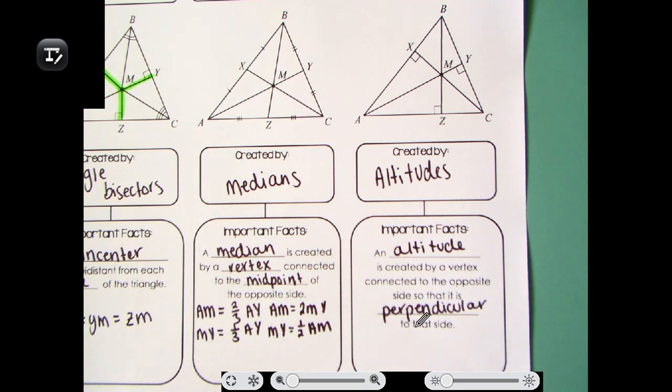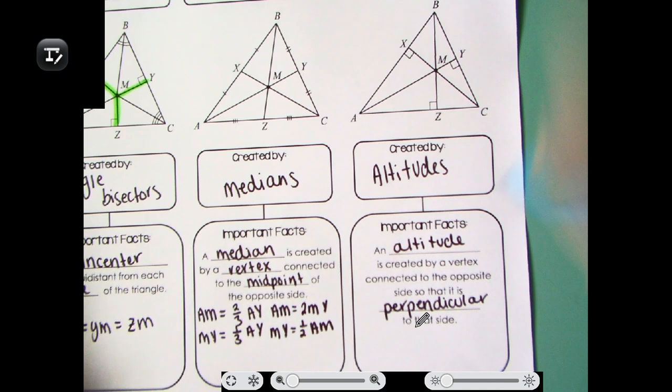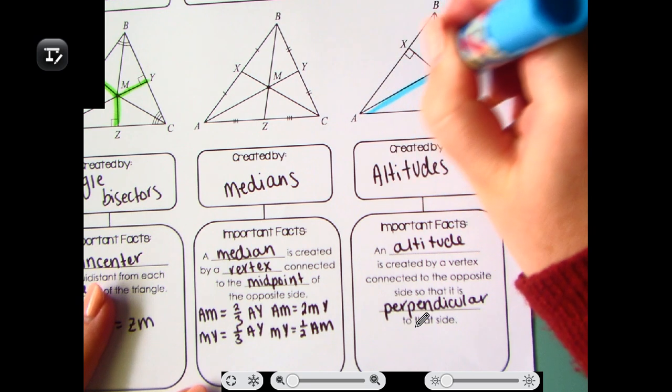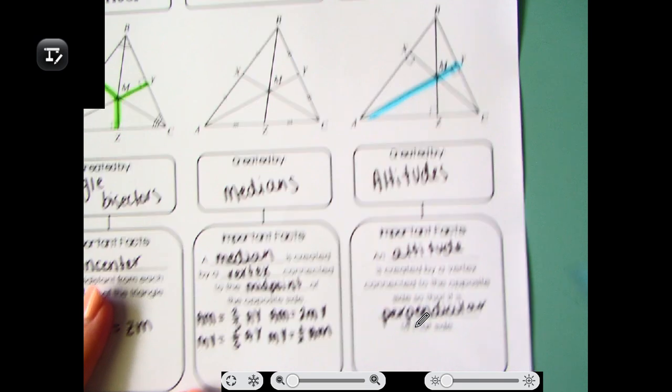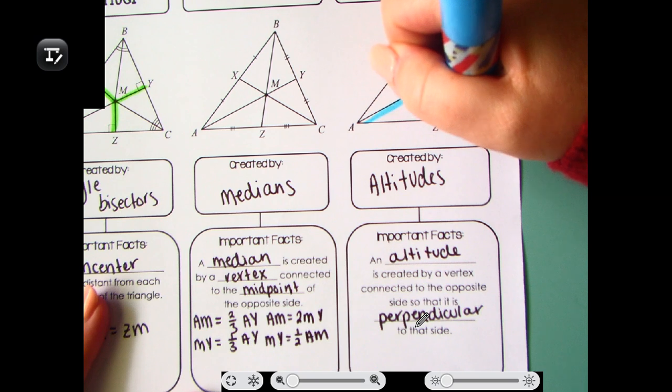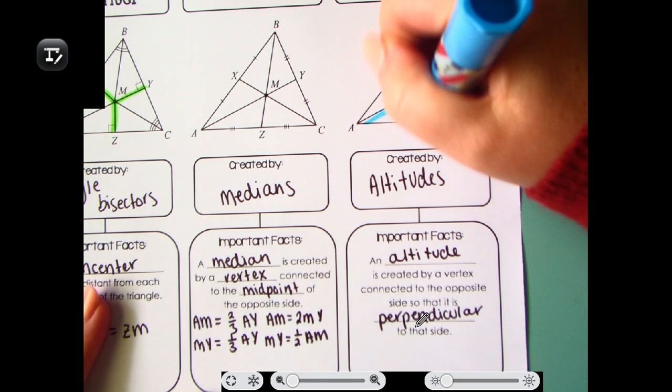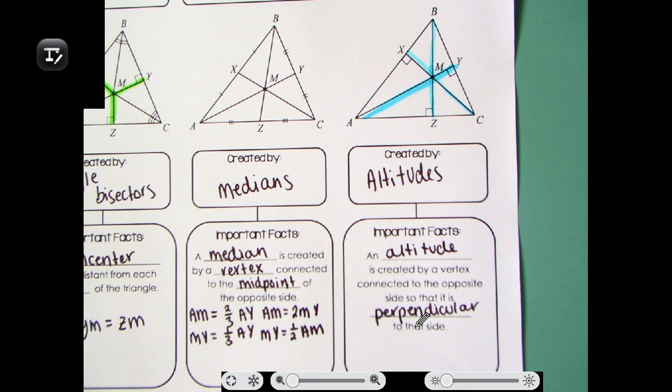And let's see if I can highlight each altitude so you can see here. An altitude goes from the vertex all the way to the other side, like that. I'm not necessarily saying that those are congruent, I just want to show you the altitudes.